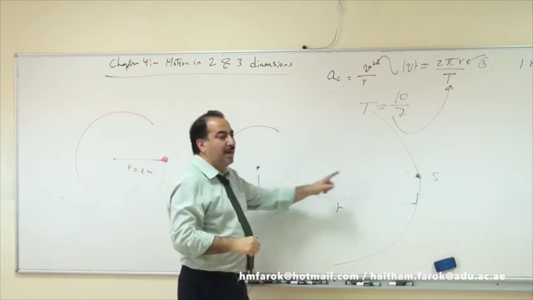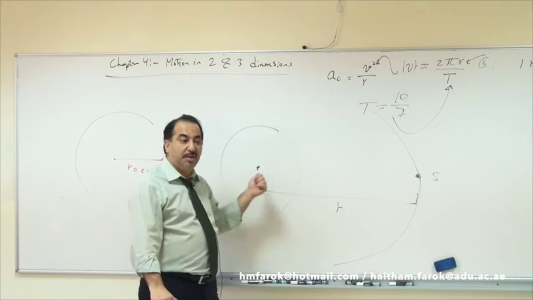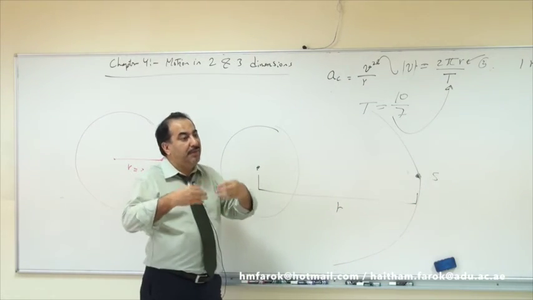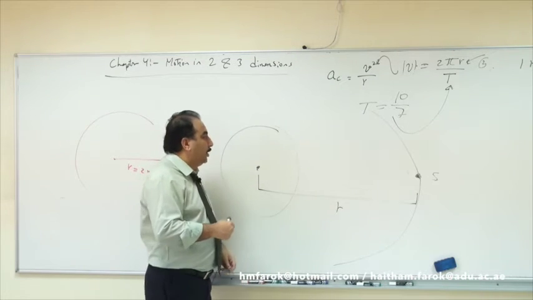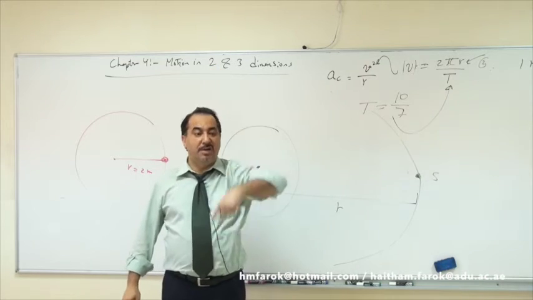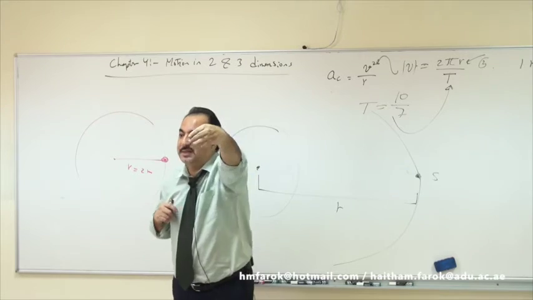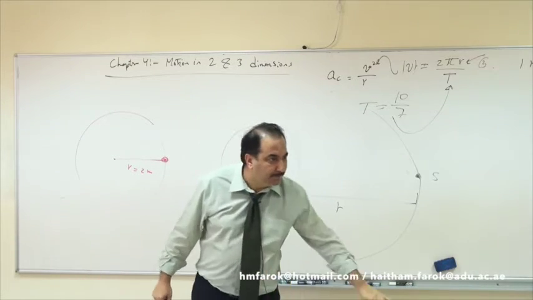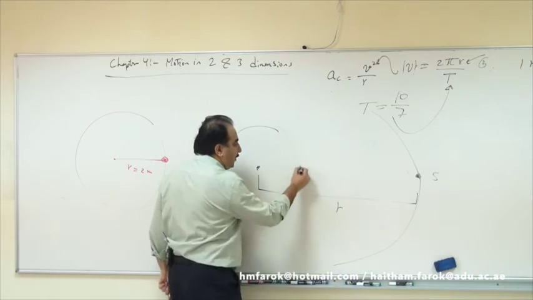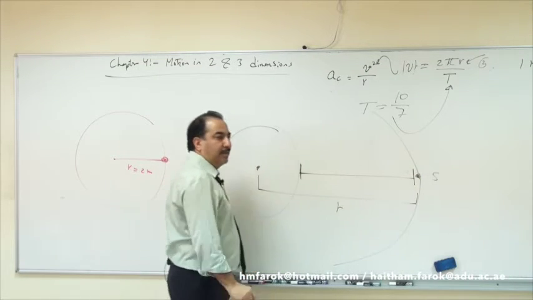Now, because you have a planet, either R is given directly from the satellite to the center of the Earth, or no, it's given in stages. Usually, when you stand on the surface of Earth, you can measure the height. How high is the satellite? Which means how far is the satellite from the surface of Earth? And this is what is given in the question. From here, from the surface to the satellite.